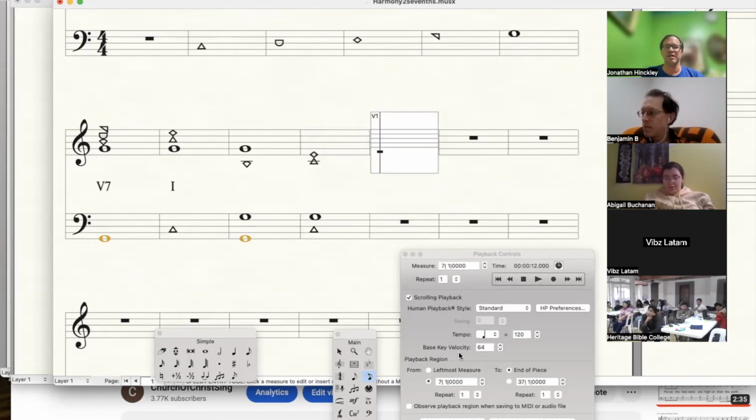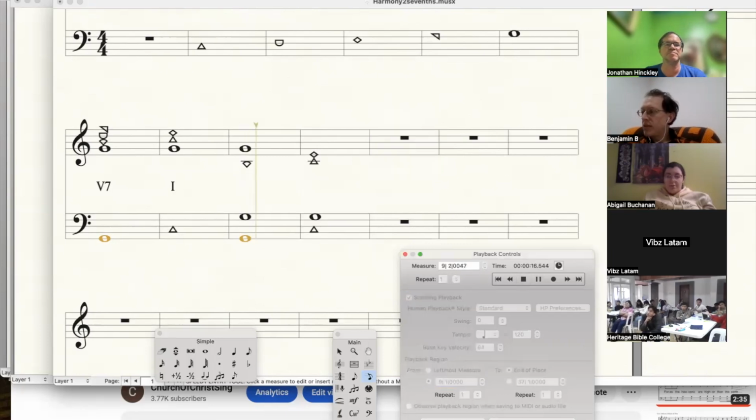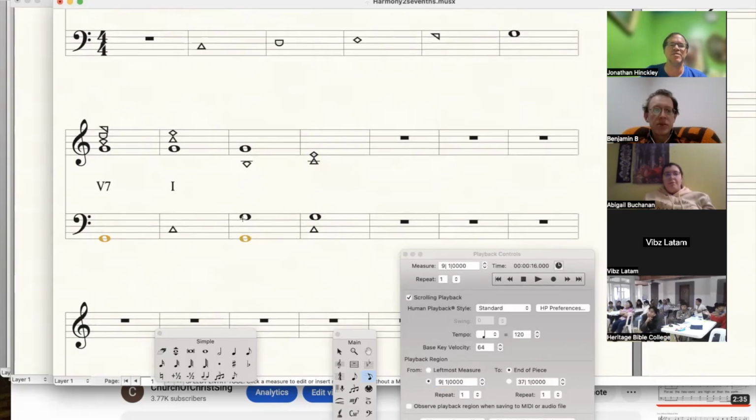So let's look at these two here. Right here you see how we only have sol and ti. We're missing one note, but you still get that feeling as long as you have the root and the third.